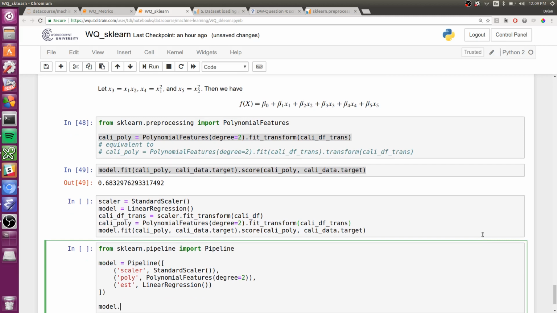And now, I can take all of this and fit it directly to Cali data, or the Cali DF original features.